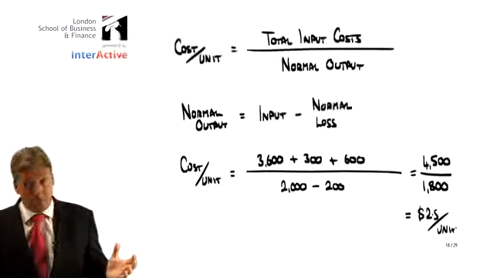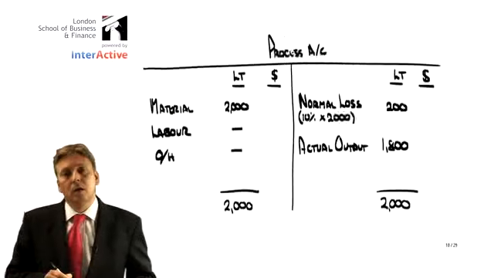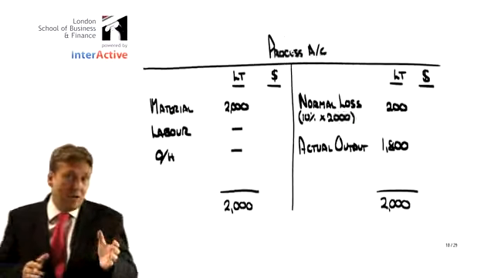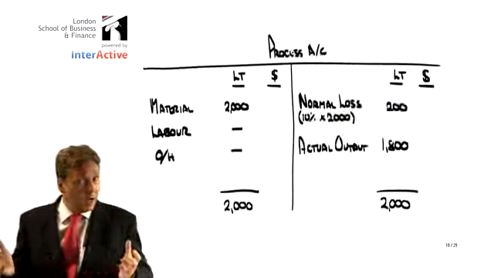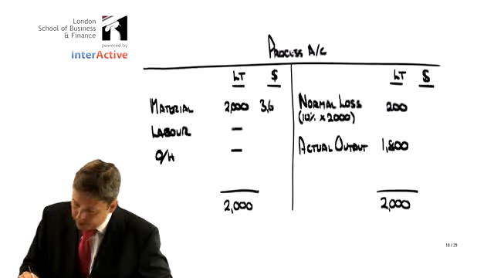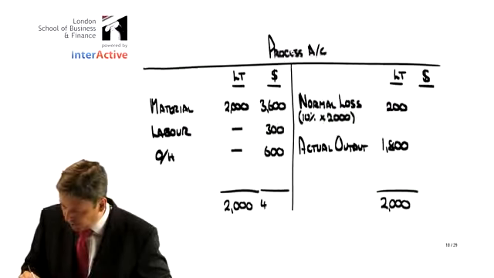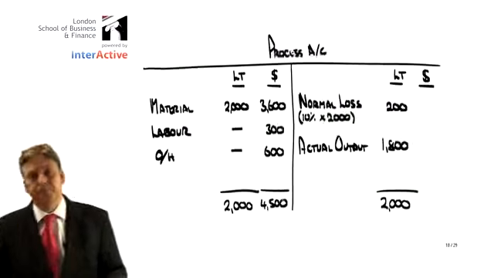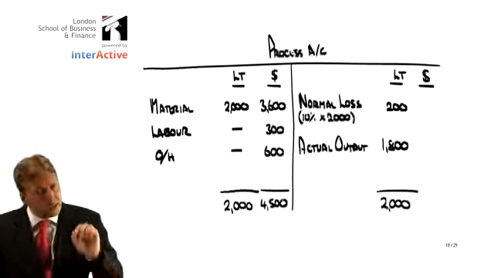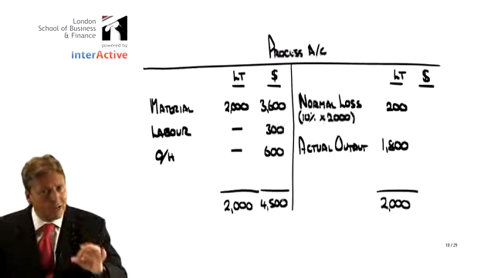So, can we value up our process account? We've already got the inputs and outputs in unit terms. Now what we want to do is to dump in the value. 3,600 for materials, 300 for labour, 600 for overhead, a total of 4,500. We said that normal loss is not valued as an output.